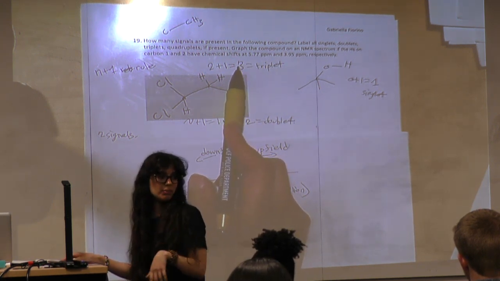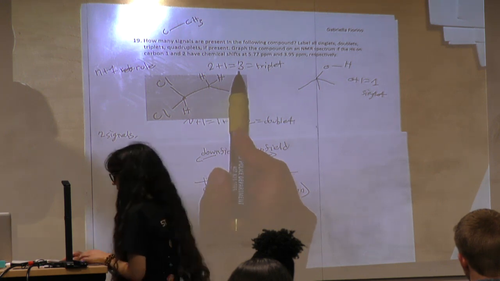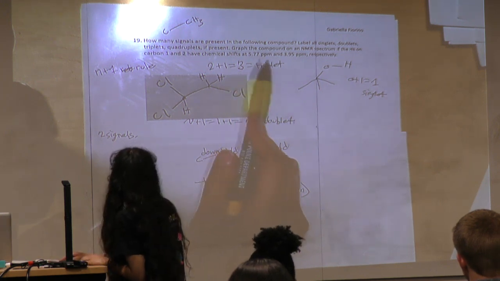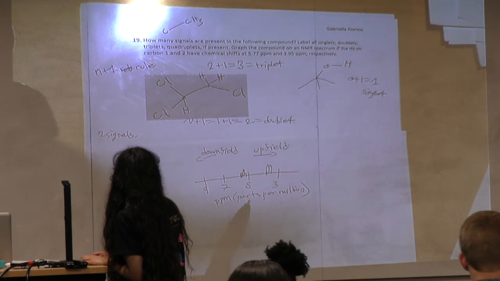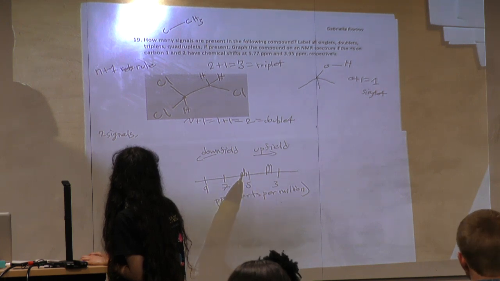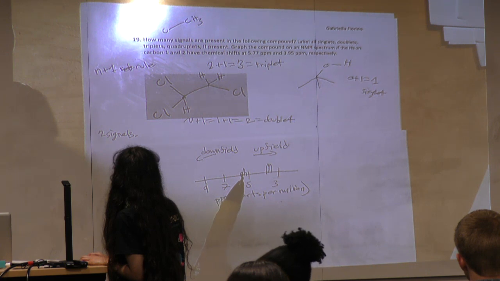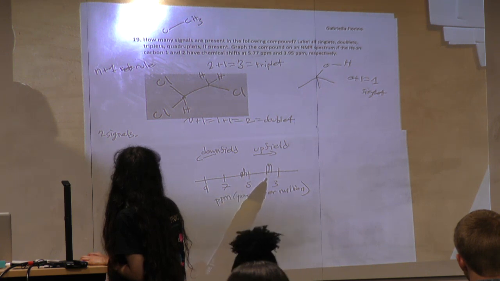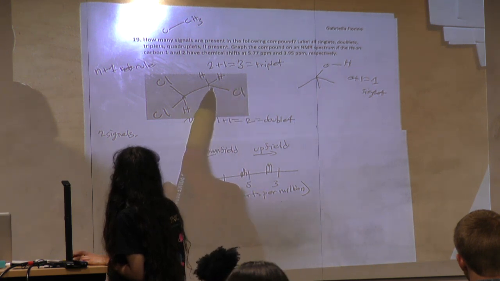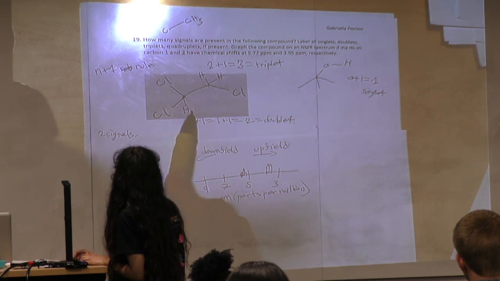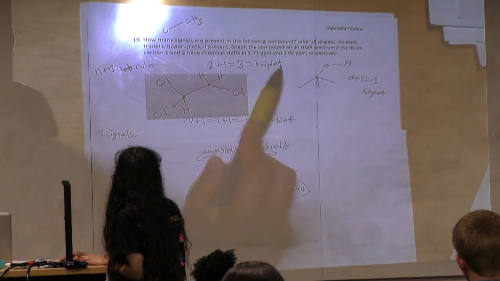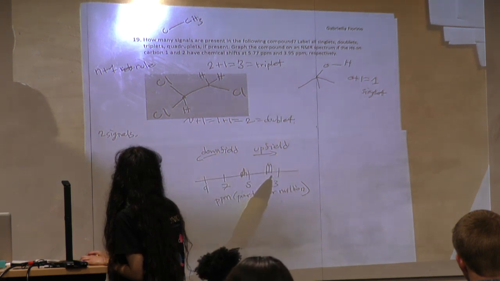So you're given this, and you just graph it. So 5.77, you have a triplet, so we draw 3 peaks. On carbon 2, we looked at our adjacent carbon that had a hydrogen on it, and that we said was a doublet. So we went to 3.95, and we had a doublet. So we did 2 peaks.